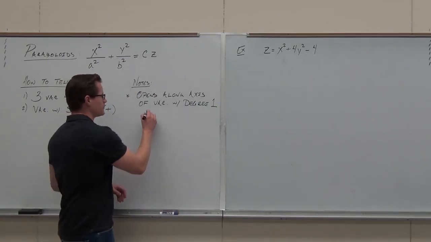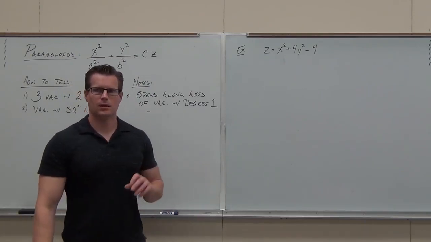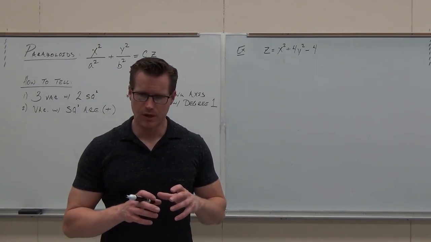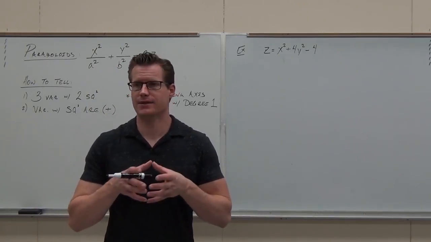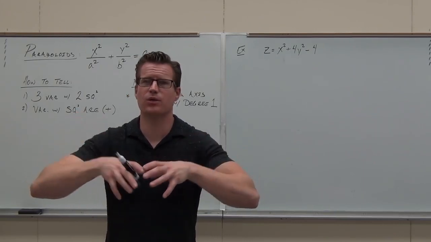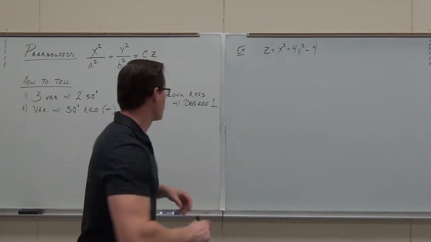Little side note. The coefficient of that degree 1 variable is going to tell you how that paraboloid opens, whether it's opening towards the positive axis or the negative axis.